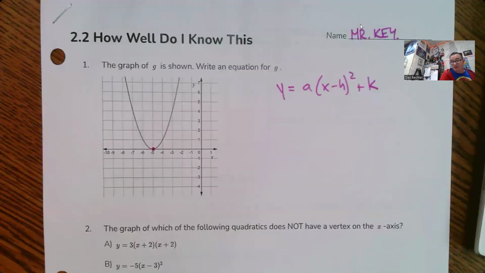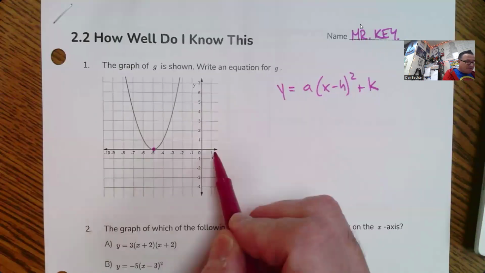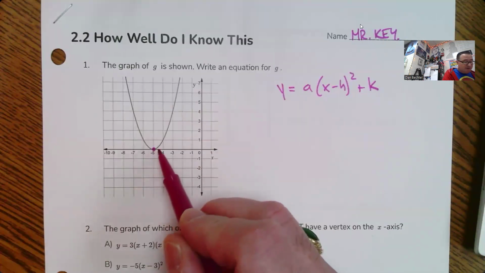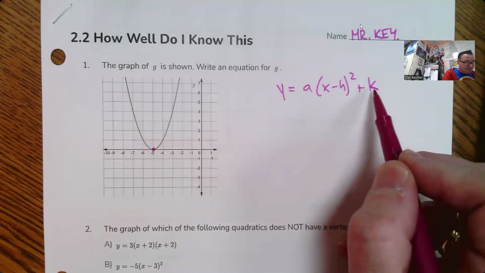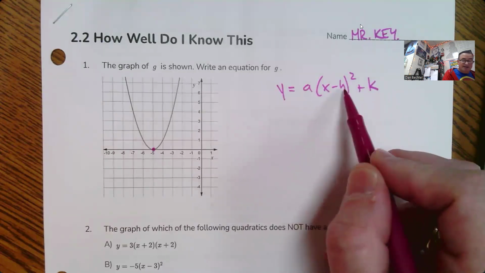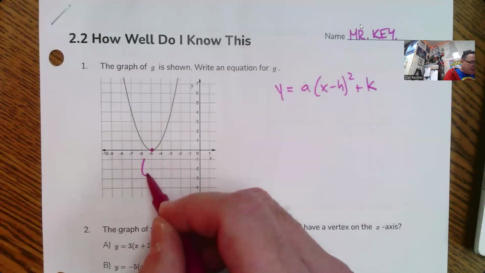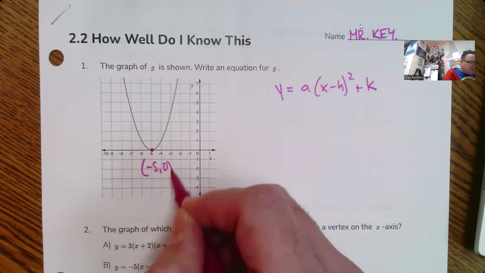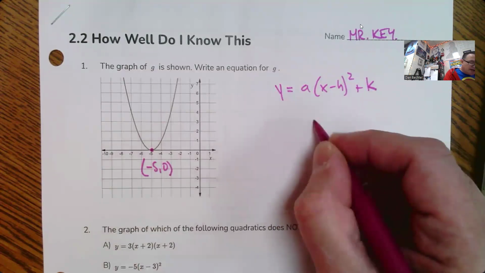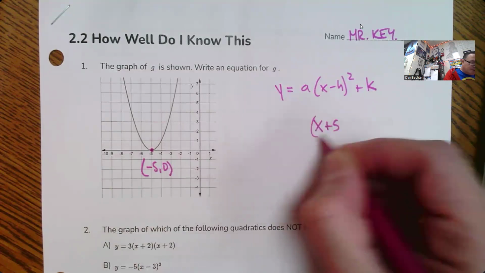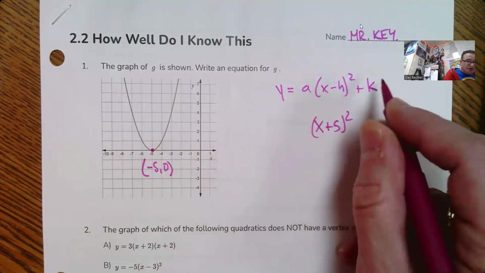Okay. The whole point of everything that we did for this was basically if it's something that has a vertex on the axis itself, we're not going to have a k value generally. And if I've got this (x minus h) squared part, it's whatever this number is going to be. So if my vertex here is (-5, 0), then it means that this part is going to be (x plus 5) squared plus 0, so I don't need it.